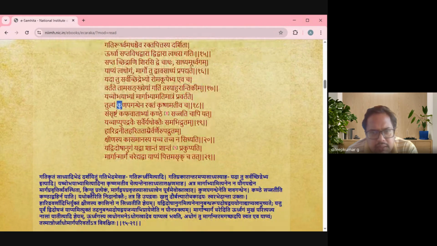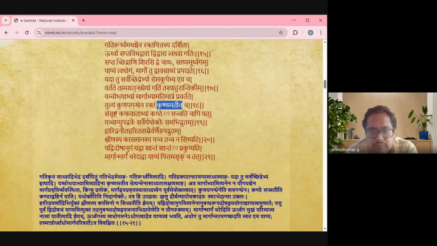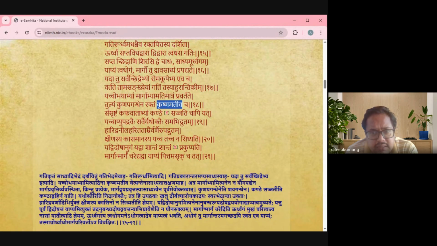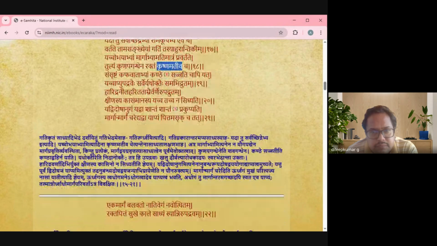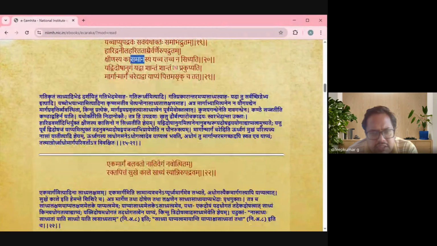Whenever there is Kunapa Gandhi, very foul smelling like a dead body, Krishnam Ativa, very dark color, these are also considered as Asadhyam. When the person is very Kshina, with weight loss, and Kasa associated with severe cough, that is also called Asadhya. When there is a shifting of Marga, then it is also Asadhya.